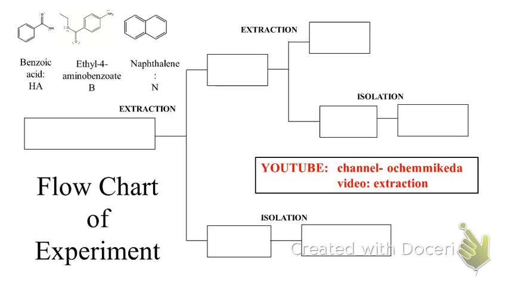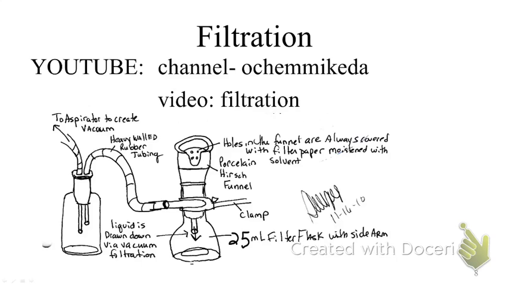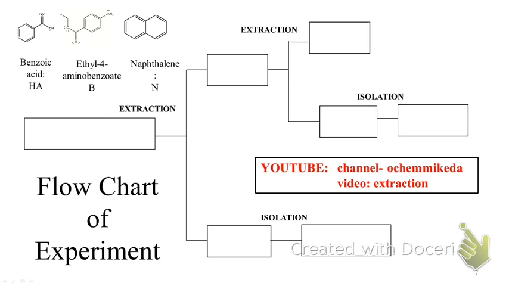If you take a look at this previous slide, we had three compounds that we could potentially isolate. You only have to worry about isolating the organic acid and the organic base. Okay? So you won't have to isolate naphthalene. Okay? If you want to, you can push that the rest of the way and we can get you the procedure for it. But that's usually a bit much for you guys to do in the 2 hours.